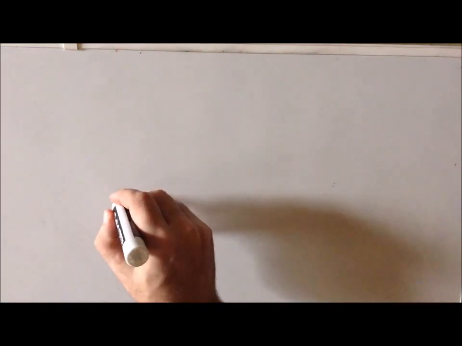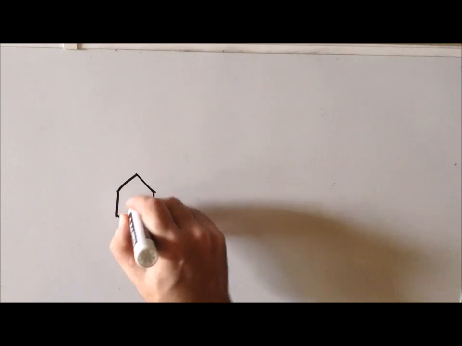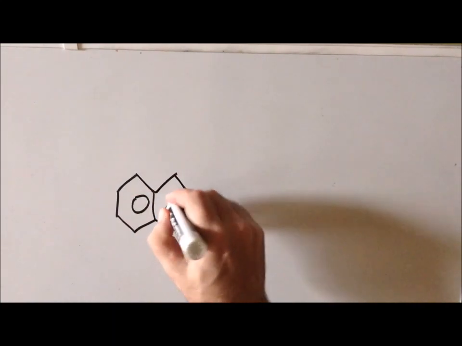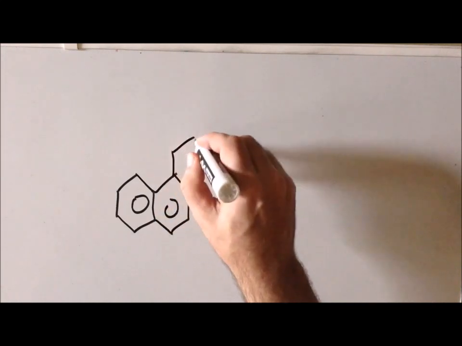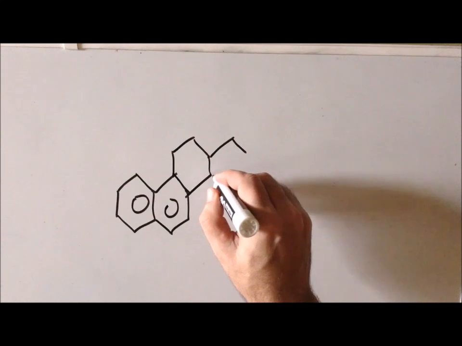So the most complicated one we're going to do in this particular episode has 4 rings. It's a 4-ring system. And this particular polynuclear aromatic hydrocarbon is called Chrysene.